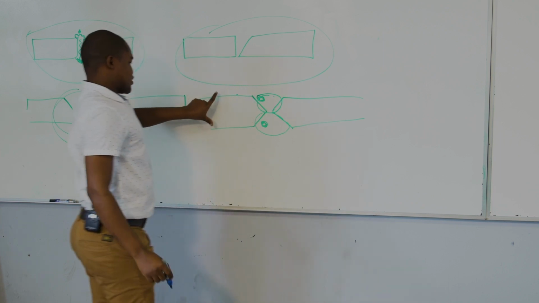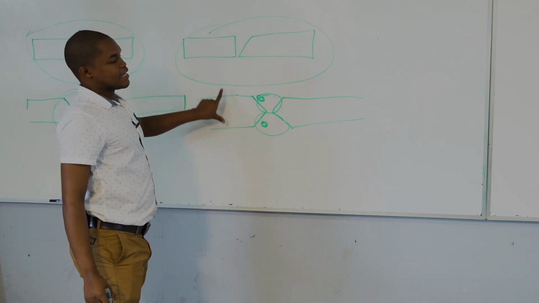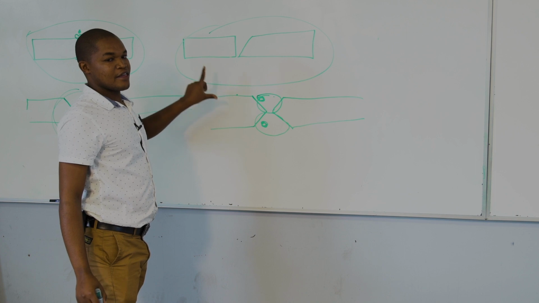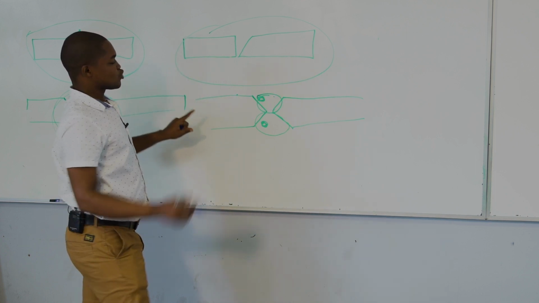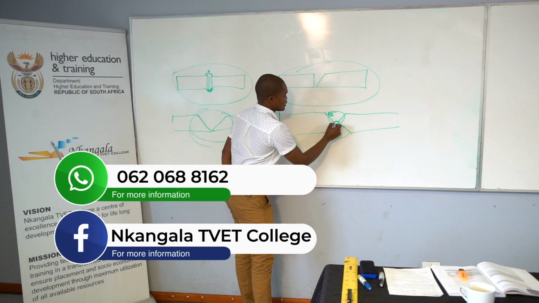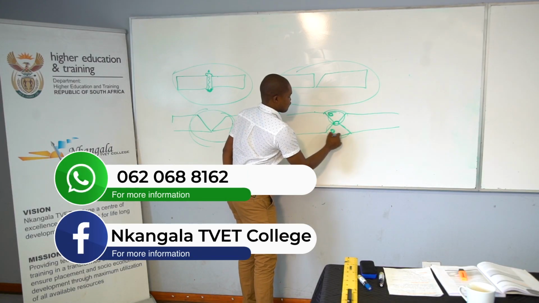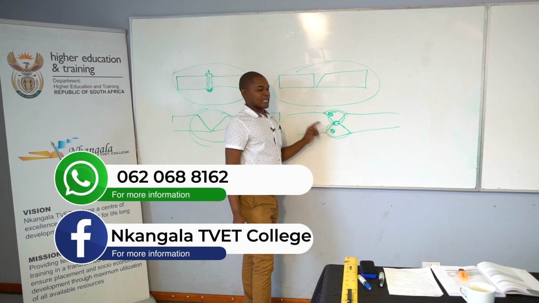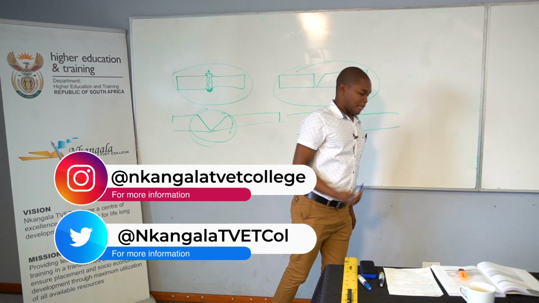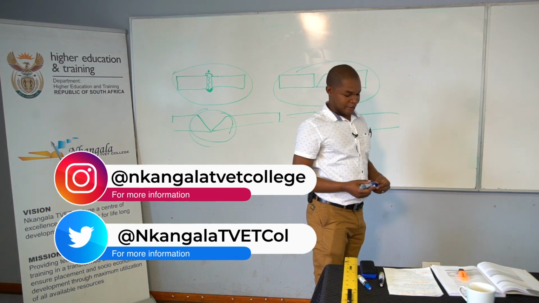So it tells us that this material is very thick. It needs to be beveled on both sides to improve the penetration and the strength of the welding as soon as we finish. That is what it is about the bevel joints.